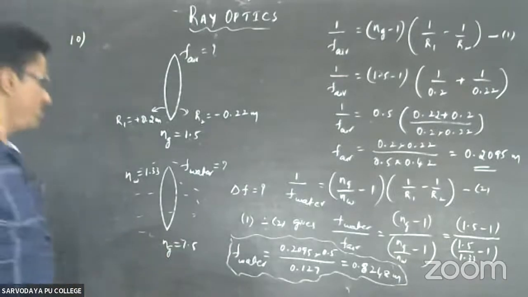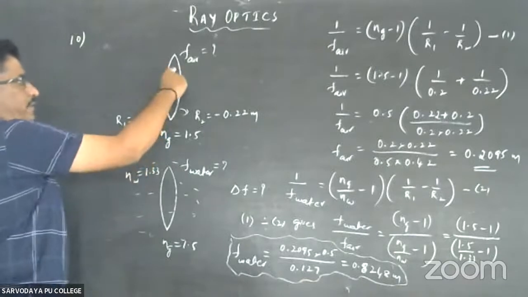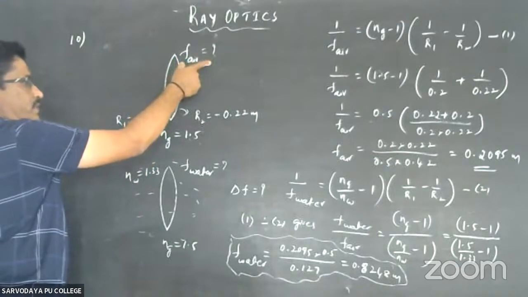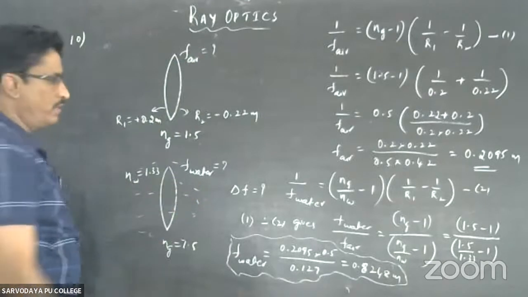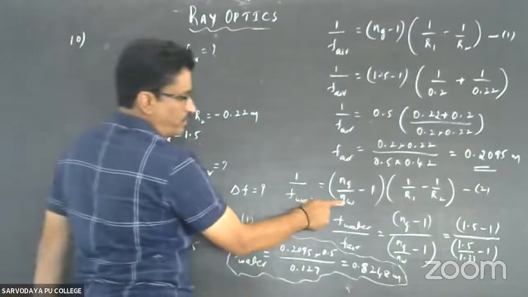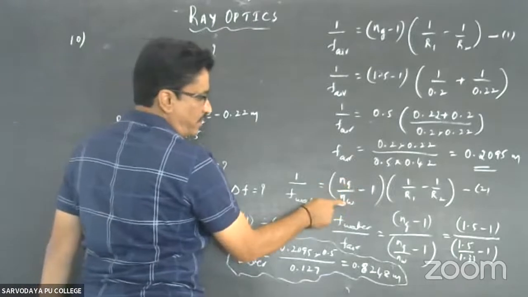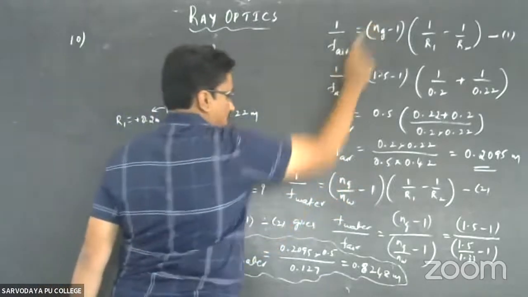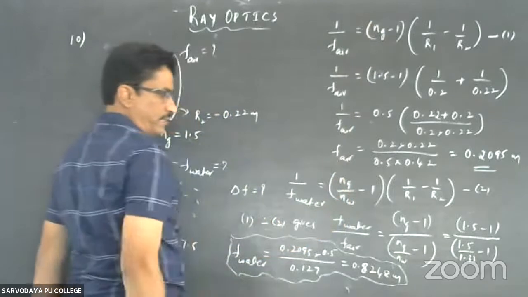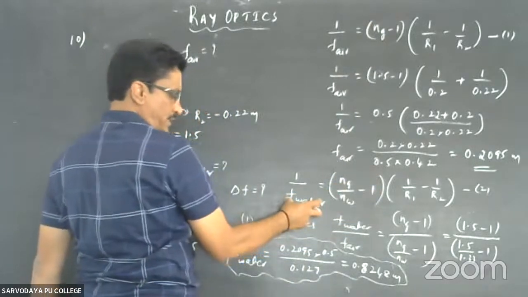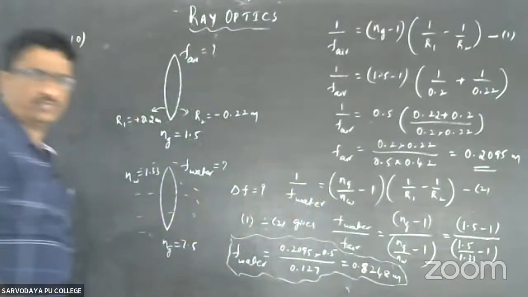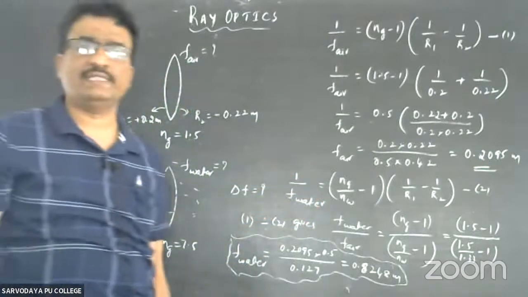Remember, initially we placed this lens in air, but afterwards we are placing the same lens in water. Because of this, Ng by Nw makes this factor smaller, and thereby the focal length in water will be more. That means it increases.